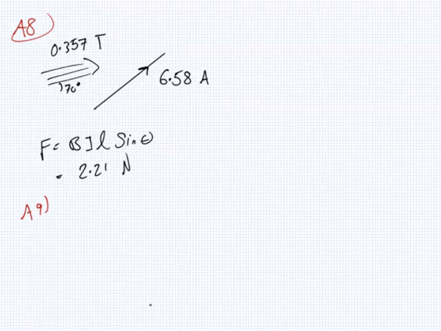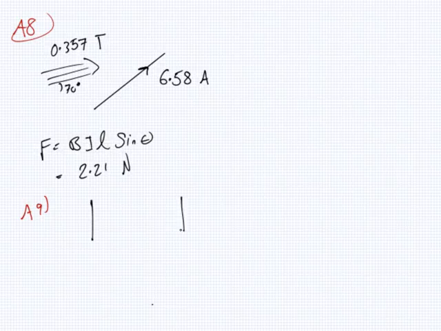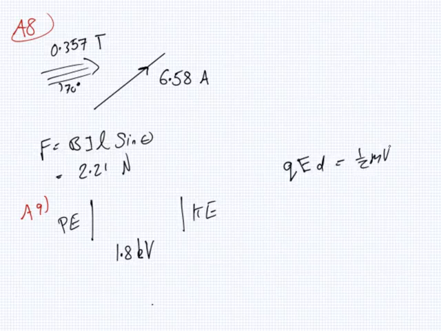An electron in a vacuum is accelerated by a potential difference of 1.8 kilovolts. What's the velocity? So the potential energy here equals the kinetic energy here. So potential energy is QEd equals a half mv squared.